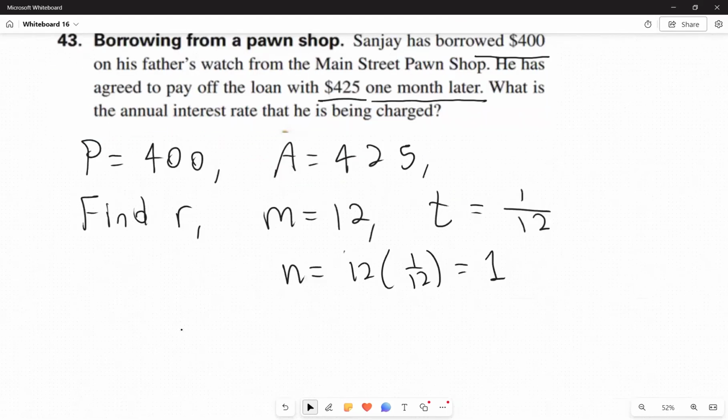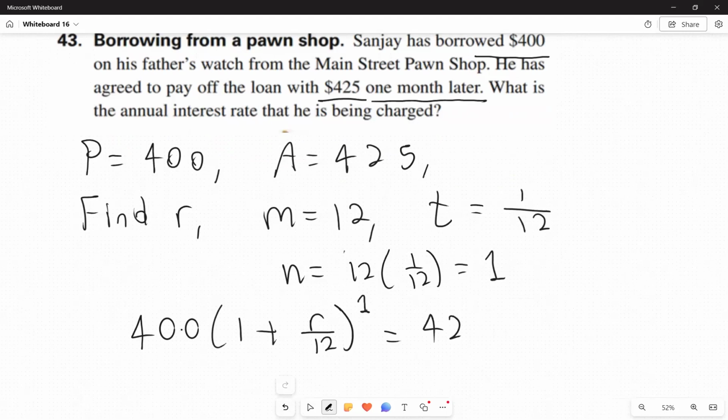So let's put this together. This is 400 times 1 plus R over 12, to the power of 1. That is equal to 425.